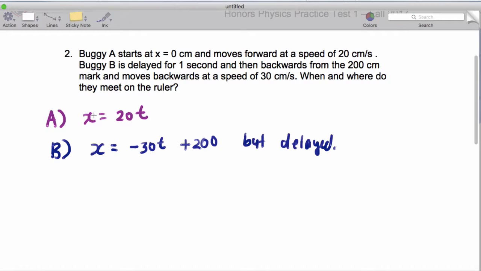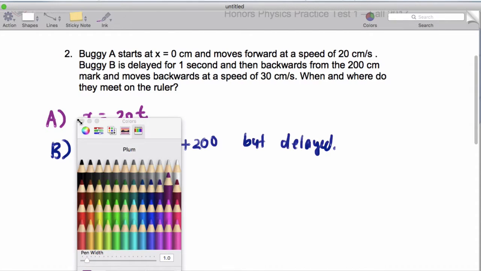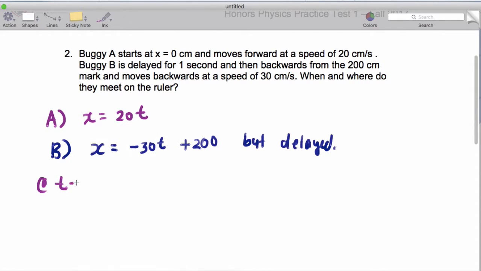We're going to let 1 second pass for the first buggy A, and then we're going to start moving buggy B. So at t equals 1 second, to get them on the same schedule, we could write buggy A as being at 20t plus 20.